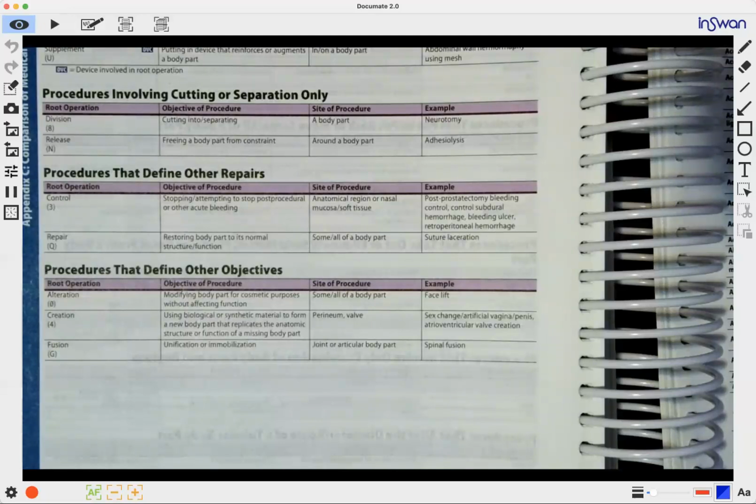But again, look at the details, okay? Carpal tunnel repair is going to be a release. A C-section is going to be an extraction because they are pulling out. A cauterization could be a destruction or it could be a repair. A colostomy could be a bypass or it could be a drainage.